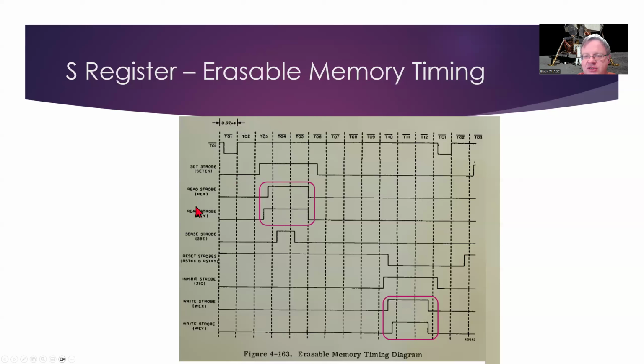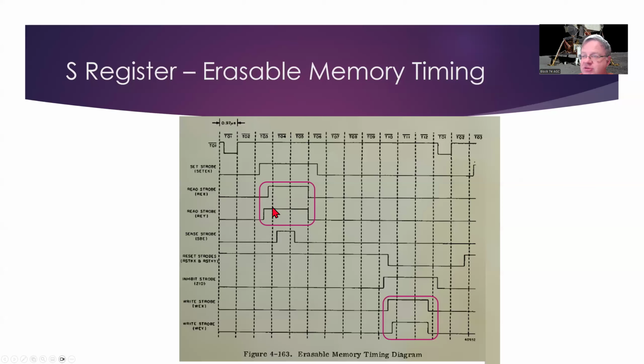Now you can see that there's an REX read strobe and REY. This is because the Apollo guidance computer used that erasable rope memory, it actually has to deal with a lot of the memory rewrite. Because a lot of RAM is dynamic, right?